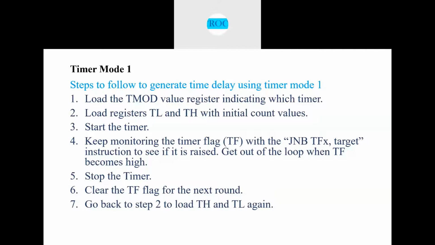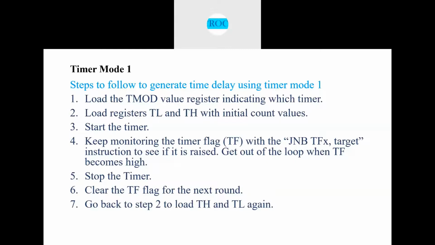You will understand this better when we go through some examples and write the ALP program for this. The first step is to load the TMOD register with mode 1, whether it is timer 0 or timer 1. For mode 1, what should be the values for M1 and M0? M1 is 0, M0 is 1.